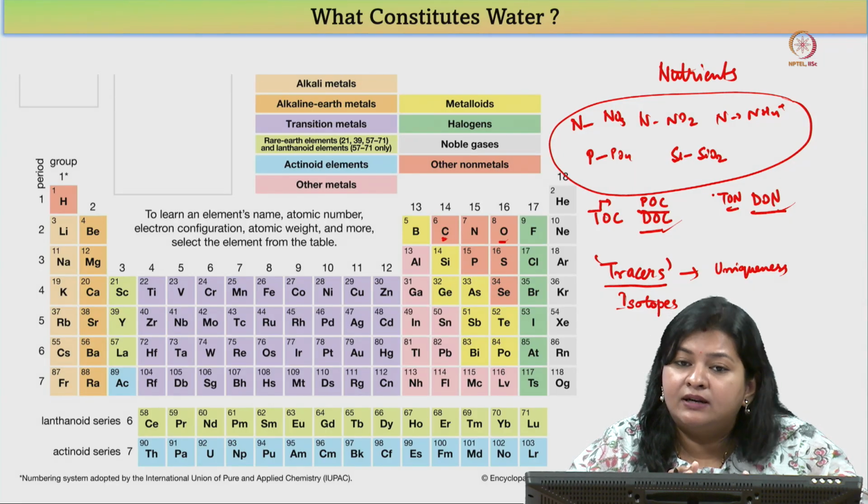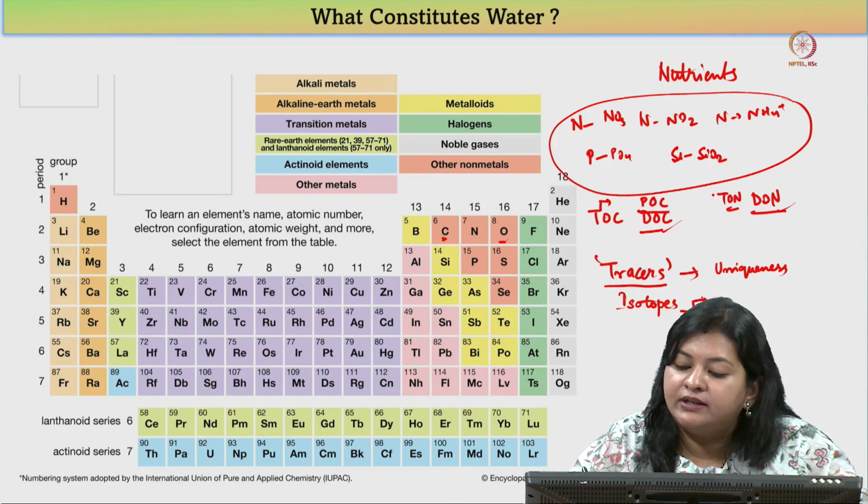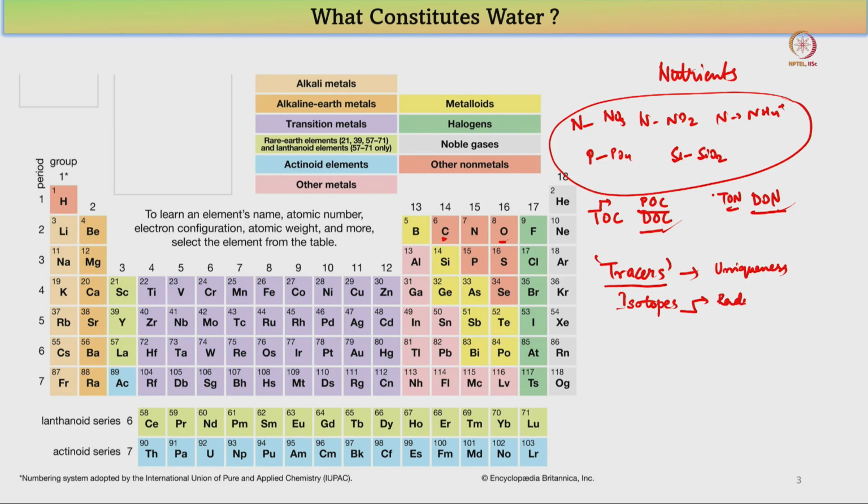We will come to this in a particular lecture about what an isotope is and what the different categories are. There are broadly two categories, one that is radioactive and the other that is stable. Okay. So, there are two types of tracers, we will use radioactive isotopes and we will use stable isotopes.